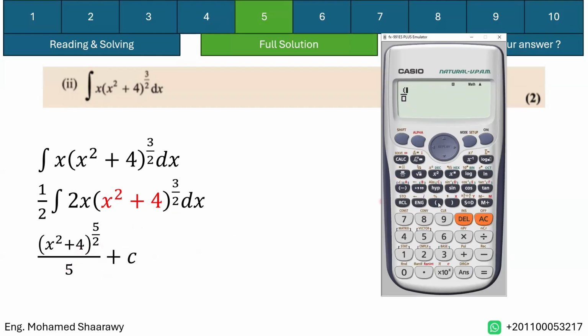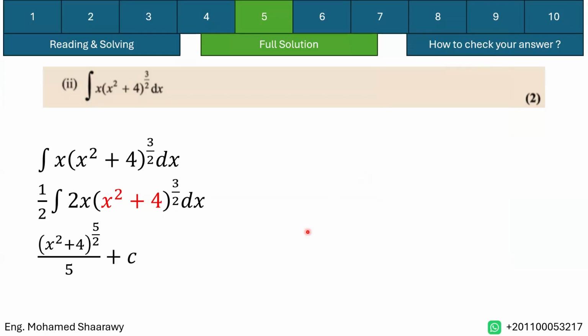So let me replace it by a, then b: a squared plus 4 to the power 5 over 2 all over 5, minus b squared plus 4 to the power of 5 over 2 all over 5. My limits were 1 and 5, so let's start with a as 5 and b as 1. It actually gave me the same exact answer, so I am correct.